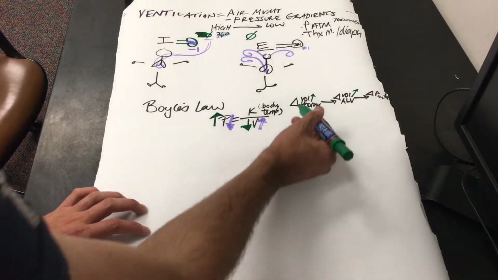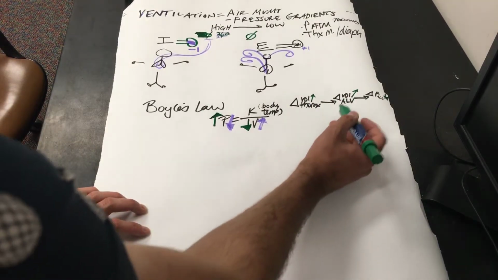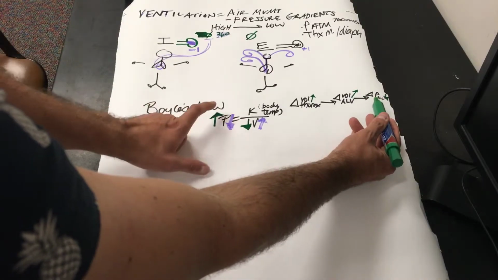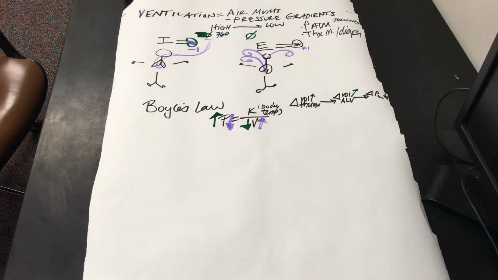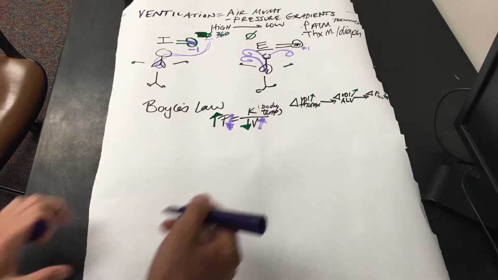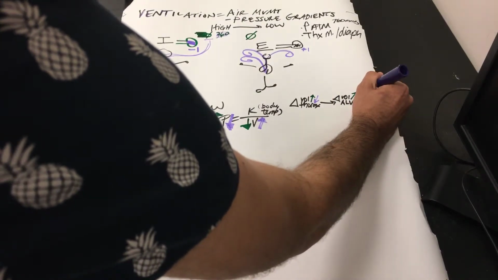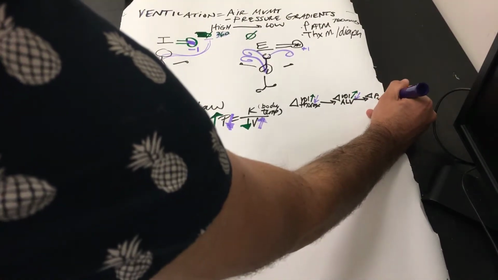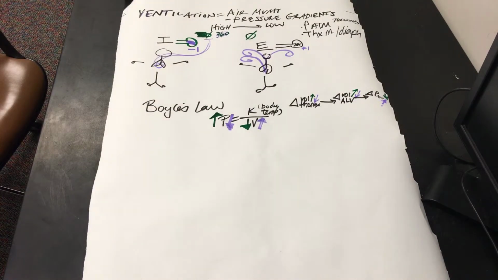In a second, I'm going to explain why these two move in the same direction, but when it comes to volume and pressure, these move in opposite directions. Okay, and if I say it the other way, when the thoracic volume decreases, it produces a decrease in the alveolar volume, which produces an increase in the intraalveolar pressure.